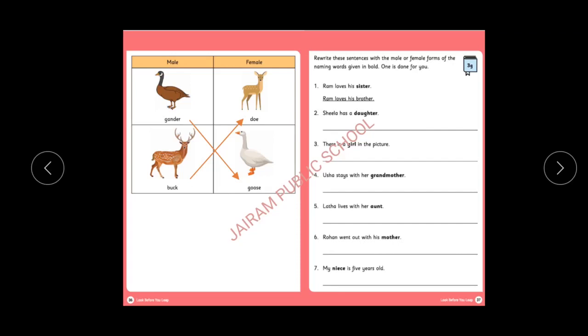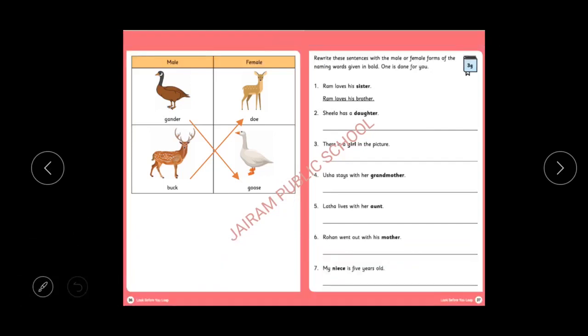Okay, we have to change and write the opposite gender of those nouns. So first one is Ram loves his sister. What is the opposite of sister? Brother. You can say it as opposite or the feminine or masculine noun. Okay, Ram loves his brother. Instead of sister, we have written here brother.